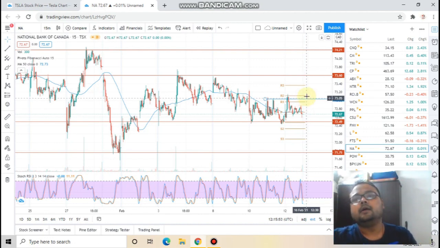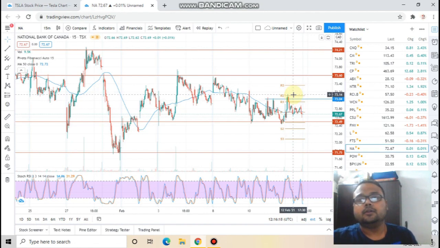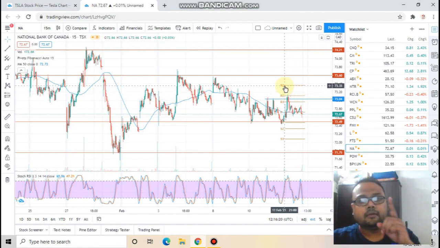And suppose it opens above this line, or it opens at the 73 level and breaks this level easily, then you can enter the market. Do remember, or just keep in mind, the word comfortably.